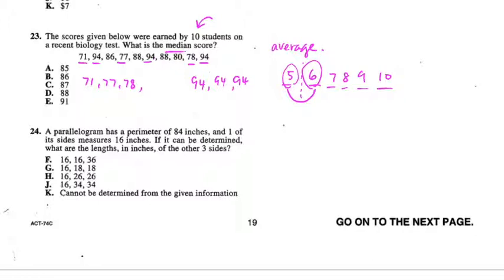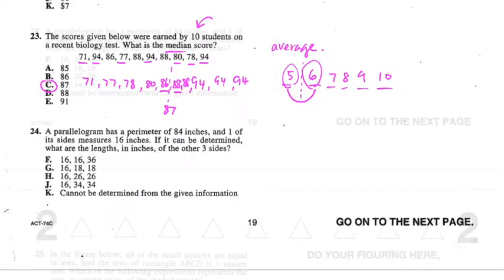Then we have 80, 86, 88, 88. 1, 2, 3, 4, 5. So 86 and 88 are numbers 5 and 6. The average is 87. C is our answer.